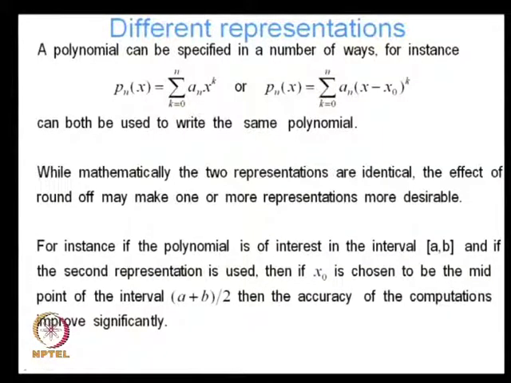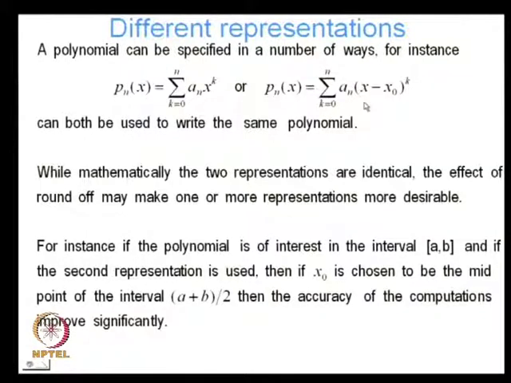Why is that? Well, for instance, if the polynomial of interest is in the interval [a, b], and if the second representation is used, and we choose x0 to be the midpoint of the interval, (a plus b) by 2, then the accuracy of the computations improves significantly.